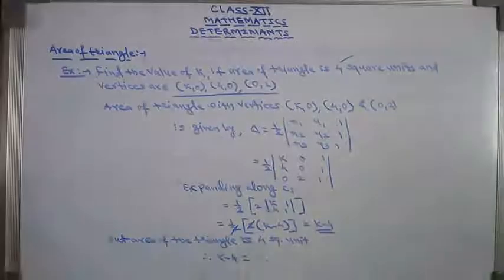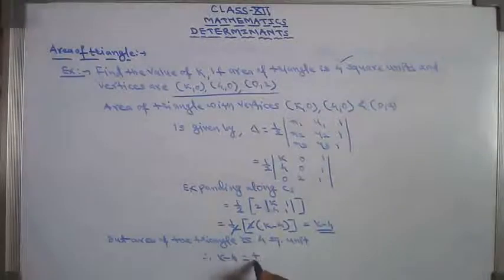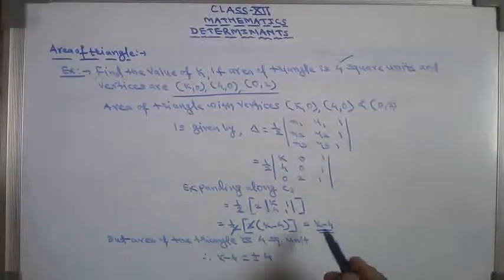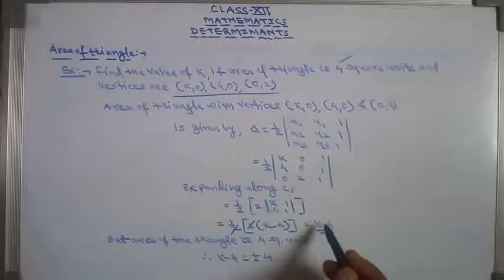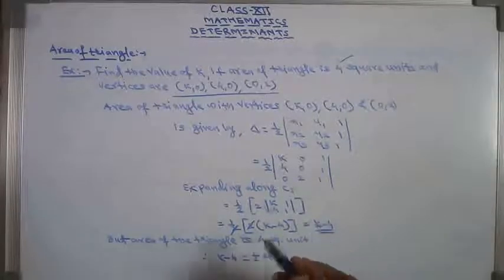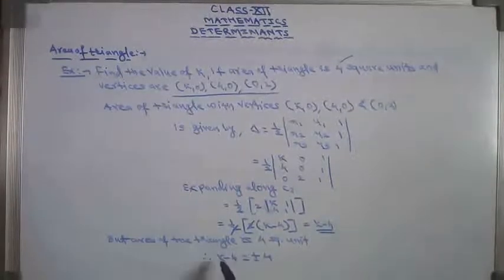Therefore k minus 4 equals, the value of the determinant may be plus or minus, so you take plus or minus 4, because we have to find the value of k. This k may be negative or positive; the area is always positive, but to find the value of k we should take this area as plus or minus 4.